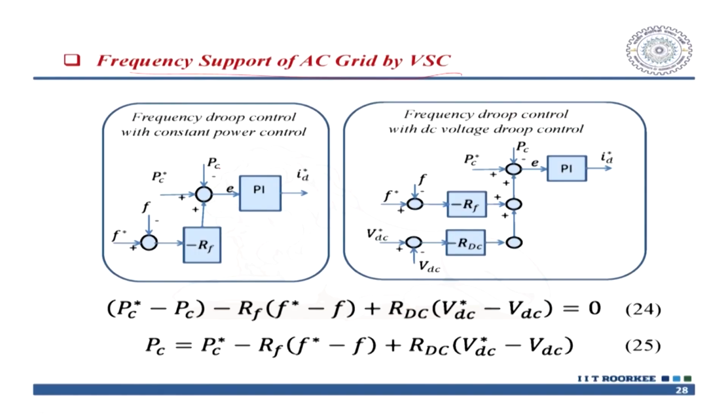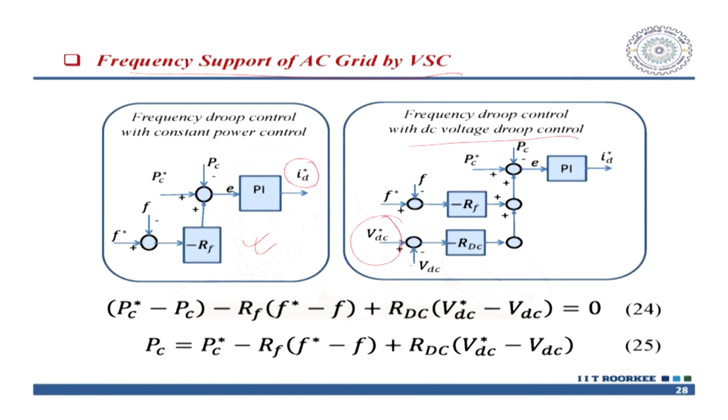So, here we have a droop control, and thus we can control the frequency here, and this is the reference current and this is the frequency droop control, and generally it is used in the microgrid in detail. And frequency droop control with DC microgrid control, we can have these two coupled.